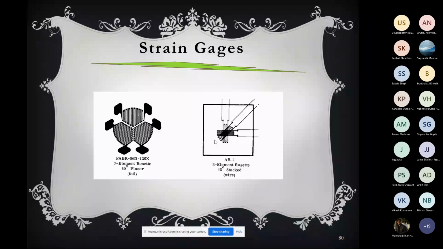If you see the right hand side figure here, we have pasted three strain gauges on a single point. This strain gauge can measure the strain in the x direction, this one in the y direction, and this one in the xy direction.